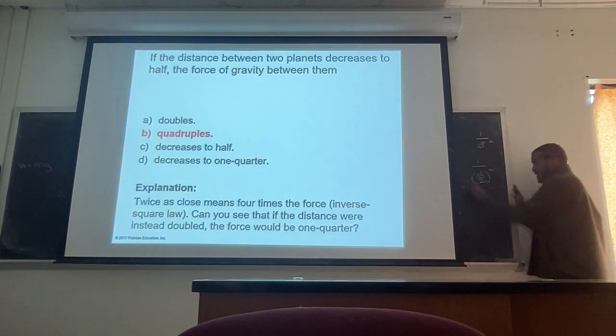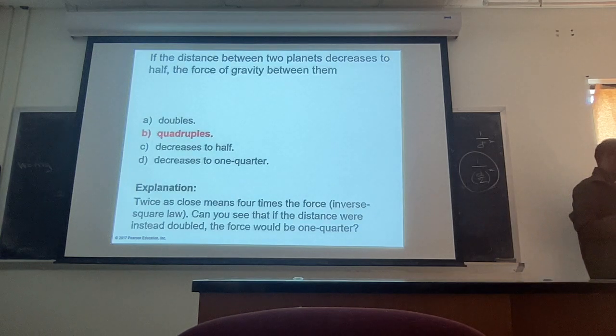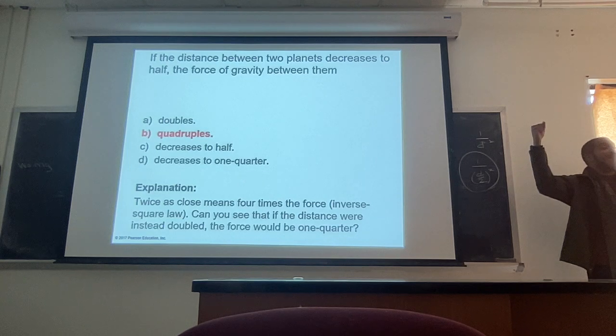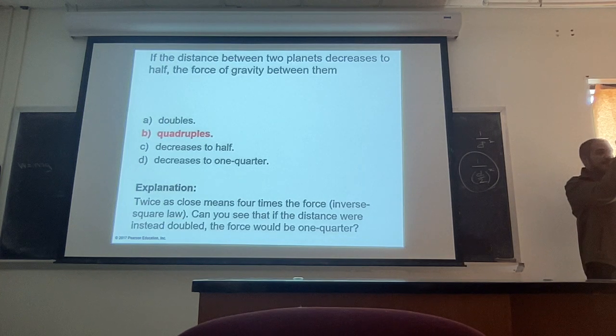So this is intensity. That is how intense the gravity will be between these two objects, okay? Now here I have a gravity, right? I'm gonna cut the distance between them in half. So now they're here, right? So now I wanna know what is the difference between the gravity here and the gravity here.